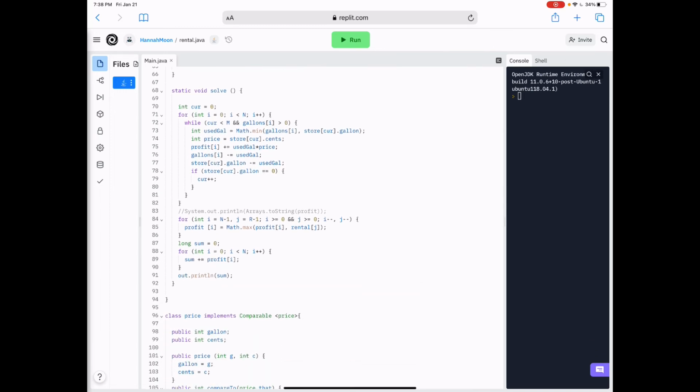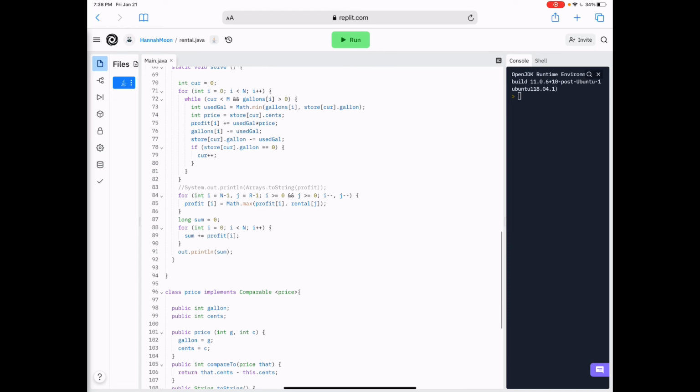Now for the solve. Here I'm running through the array, and current is tracking how many cows I've checked, while gallons of i is greater than 0. You want to make sure that you have not reached the point where you don't have any more gallons left, in which case you would be forced to switch over to the rental prices.